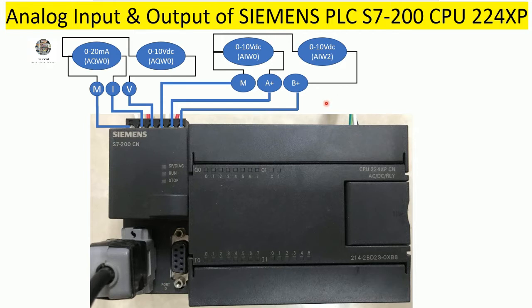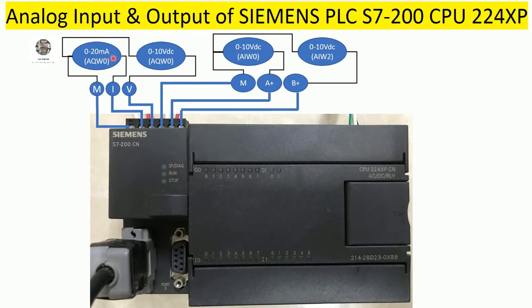First, here is the analog output, and there are three terminals: first M, second I, and the third is V. If we measure M and I, it will vary from 0 to 20 milliamp.